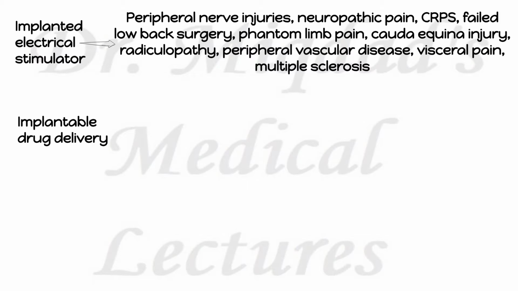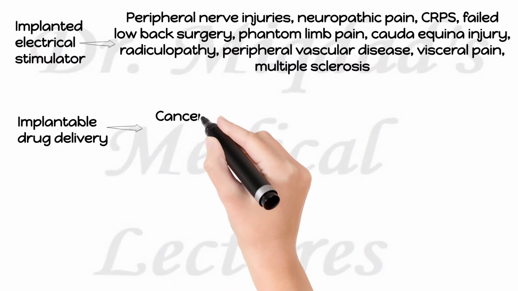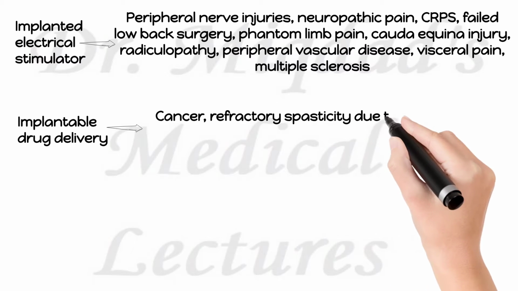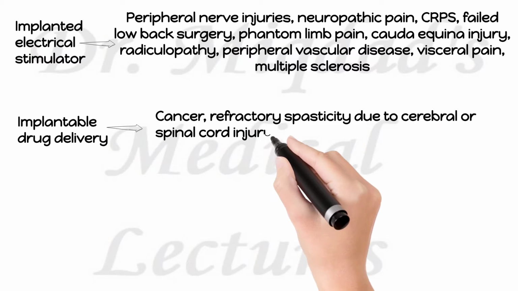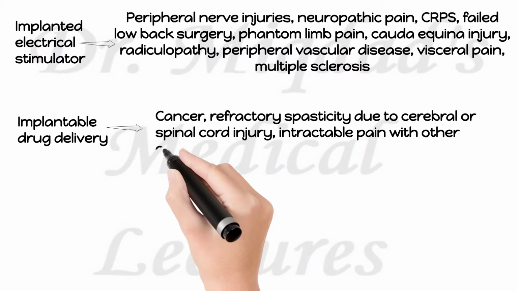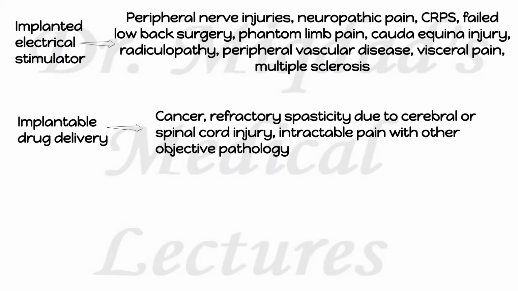This can be considered for intractable cancer pain and can also be used for refractory spasticity, which may be due to cerebral or spinal cord injury. Or it can also be used in cases of intractable pain in other objective pathologies. And this is indicated in the above conditions only if the life expectancy of the patient is at least 2 to 3 months.